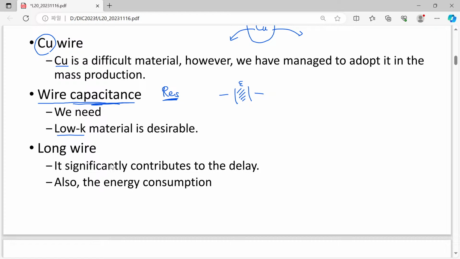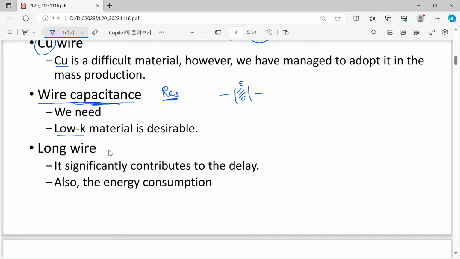Another point, at the end of our previous lecture, we thought about long wire, for example, 1 millimeter long wire, and we found that it significantly contributes to the delay. Even worse, if our length is doubled, then the R can be doubled and the capacitance can also be doubled, so the RC product is quadratically dependent on the length.